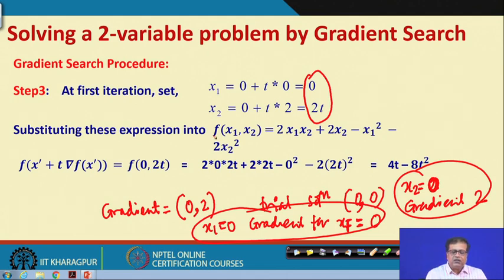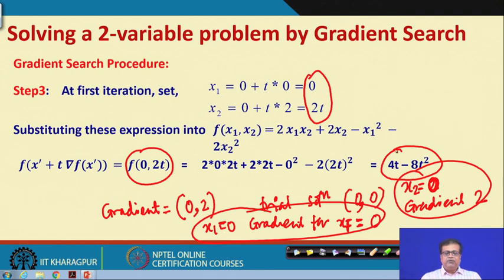And this is our functional expression. If we find the value for 0 and 2t, what will it be? 2 into 0 into 2t plus 2 into 2t minus 0 square minus 2 into 2t whole square. So, this comes to 4t minus 8t square.